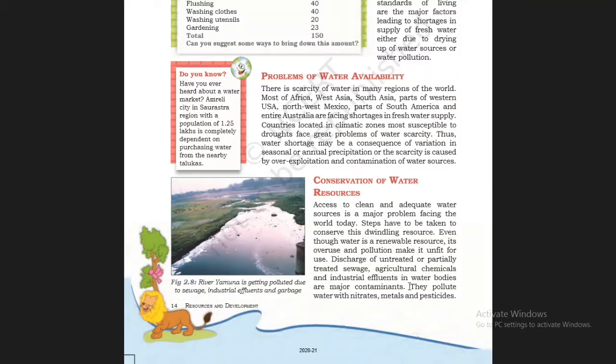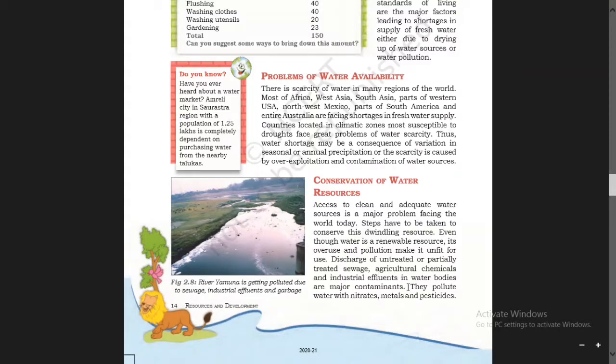Sewage means wastewater and excrement conveyed in sewers, and agricultural chemicals. Chemicals we are applying in our field to save our crops or to get a good harvest. So agricultural chemicals are there.